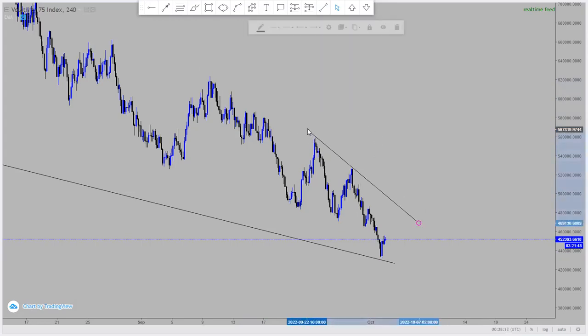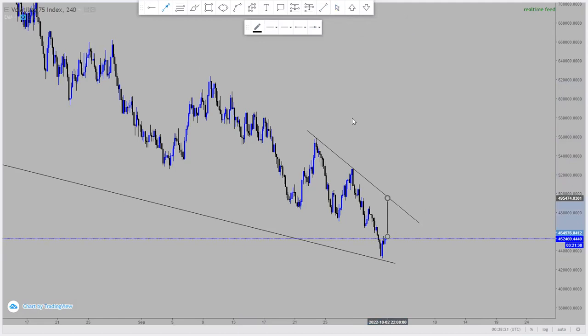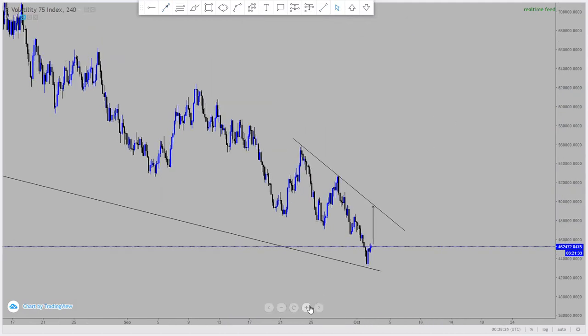Like this, right? So I'm saying first target now, if ever we get our entry point, first target is at the top of this downward channel like that.